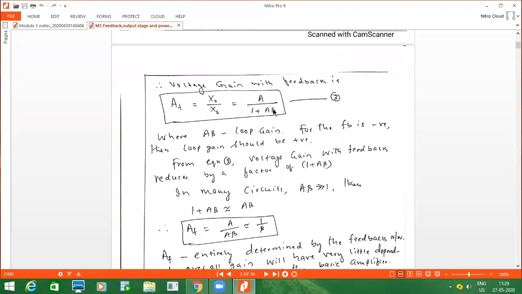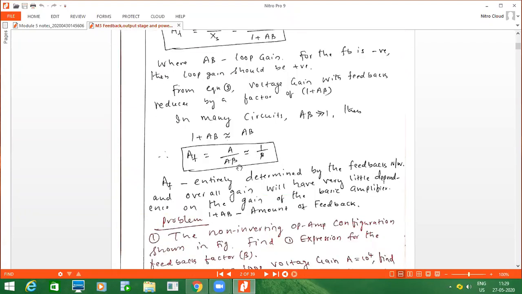So A beta is very much greater than 1, so 1 plus A beta can approximately be written as A beta. In the numerator and the denominator, A gets cancelled. Now the remaining is only 1 divided by beta. So AF will be equal to 1 divided by beta.